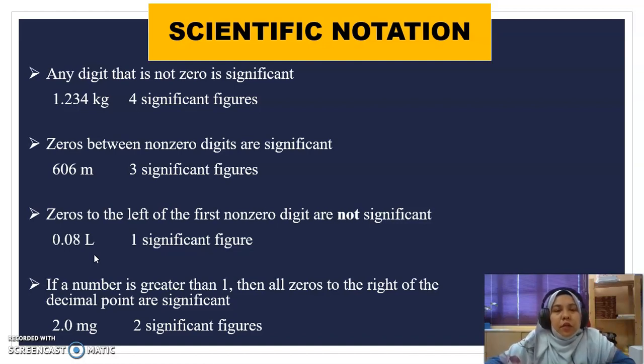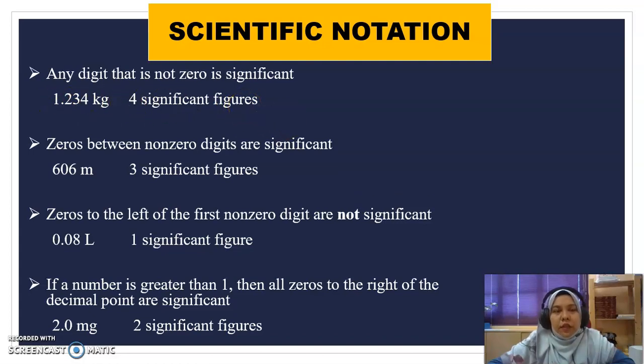If you have any digit that is not zero, it is a significant number or significant figure. For example, if you have 1.234 kilogram, so 1, 2, 3, 4, this is four significant figures.